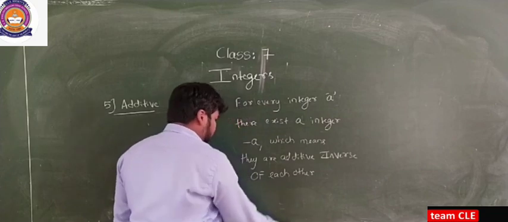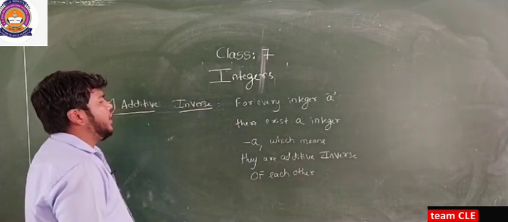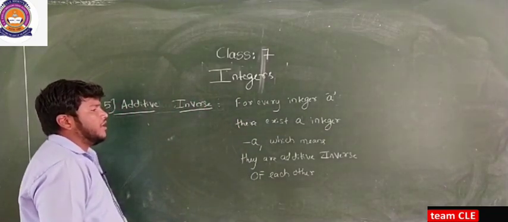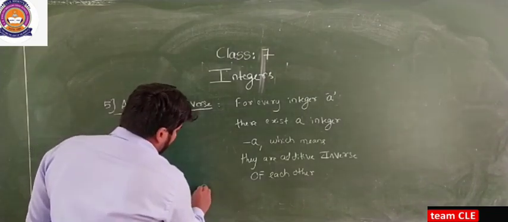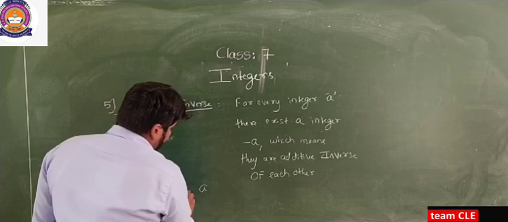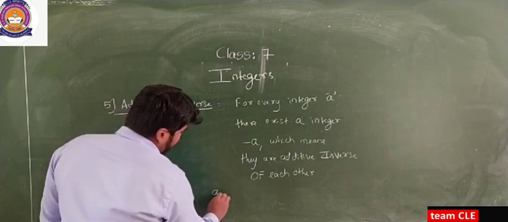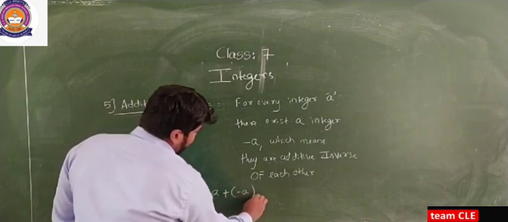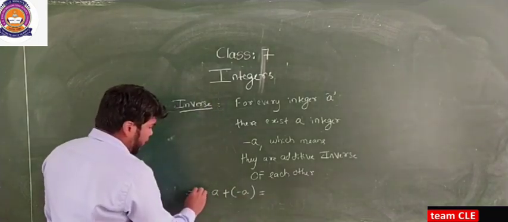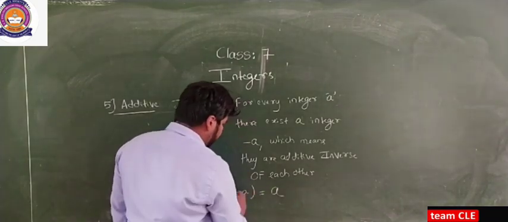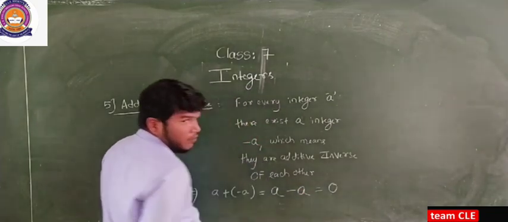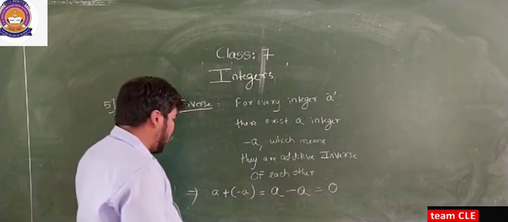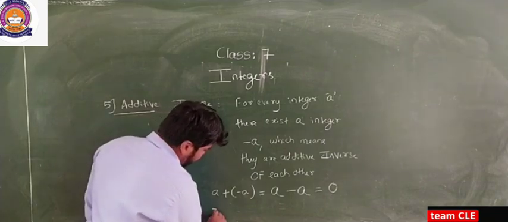So see here, what does it say? For every integer a, there exists an integer minus a, which means they are additive inverses of each other. That is a plus of minus a, a plus into minus is minus, a minus a, which is equal to 0. Let me choose one example, a is equal to 3.